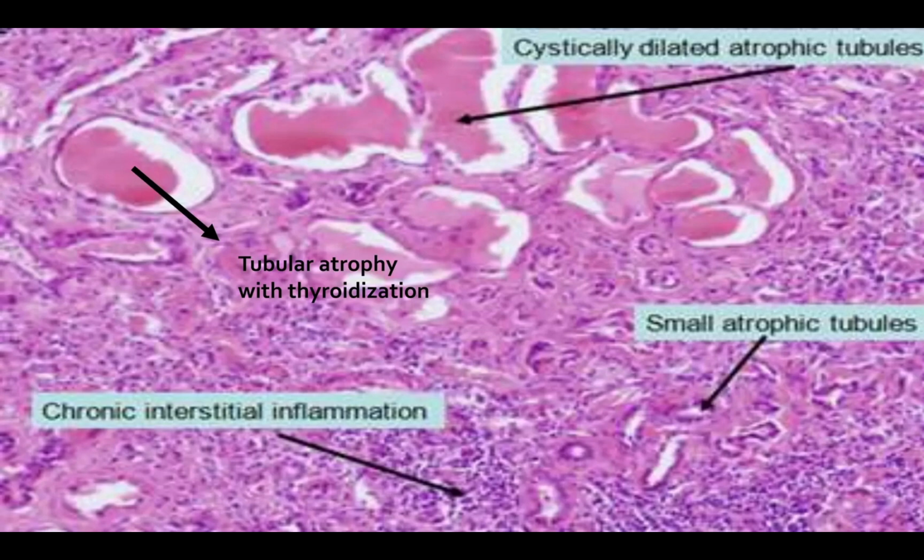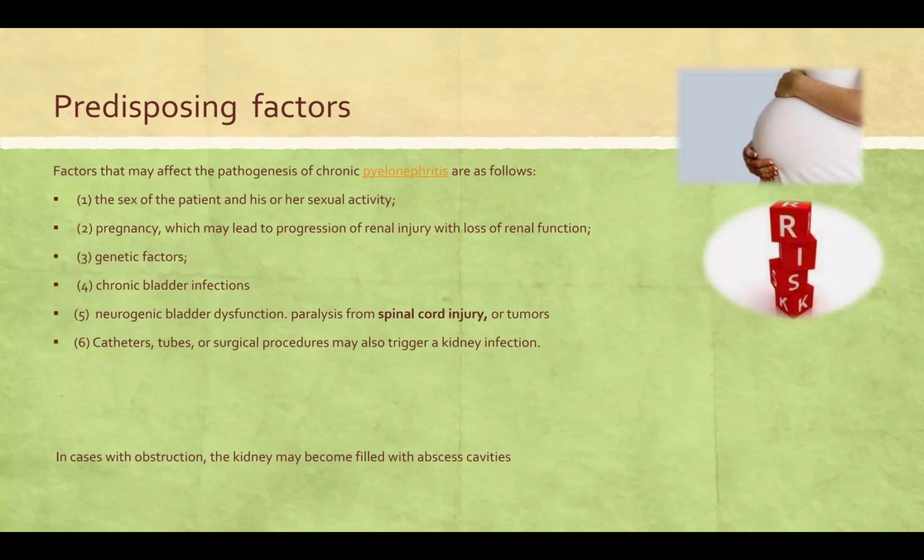As we move further, we see the predisposing factors of chronic pyelonephritis. Factors that may affect the pathogenesis of chronic pyelonephritis are as follows. The first one is the sex of the patient and his or her sexual activity.